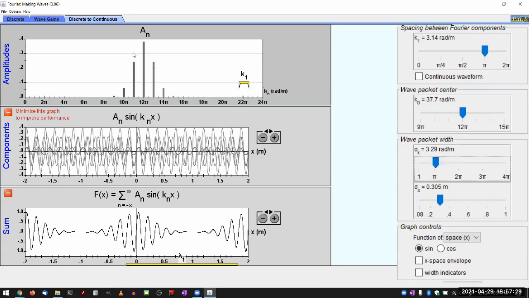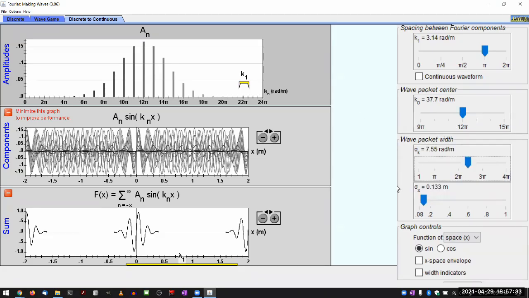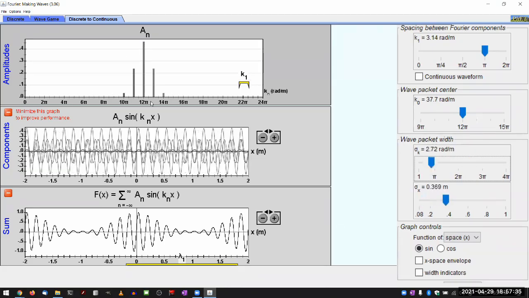Up here, compared to where I had a larger width, this narrower width graph has fewer values of wave components. So this is the carrier wave, or the center frequency, and these side bands are what allow you to modulate the amplitude of the wave.